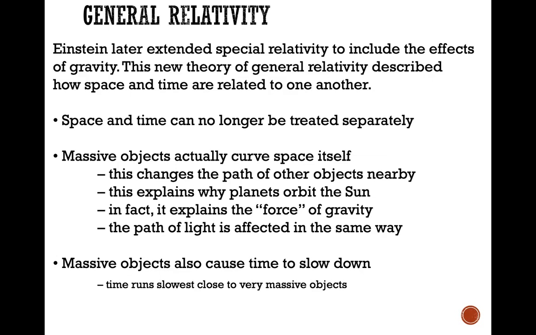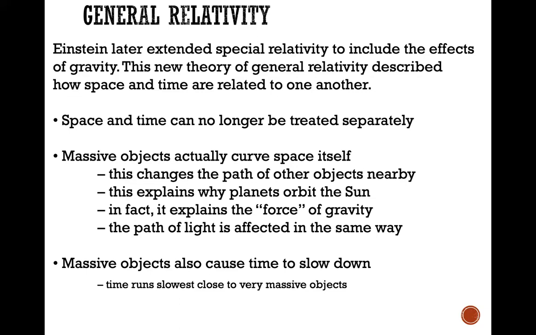It also explains the force of gravity, which general relativity explains not as a force but as a curvature of space-time, right? And the path of light is also affected in the same way. When the space is curved, light will not follow a straight line. It will be bent as well because of the curvature of the space.